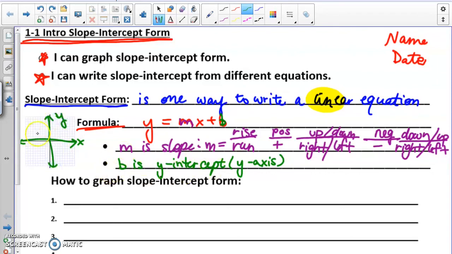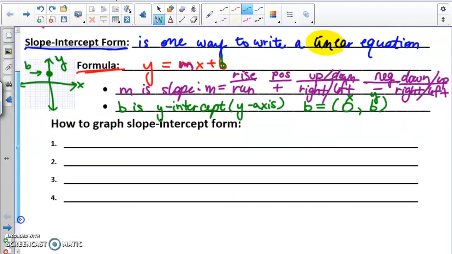So if it's your y-intercept, it's right there. So b's always going to be up or down first. And because it doesn't go left or right at all, it always just goes up or down on that y-axis. It's written as an ordered pair. So we say x equals 0 because the x value always comes first and we don't go left or right at all. And then b is whatever number b is for our y value.